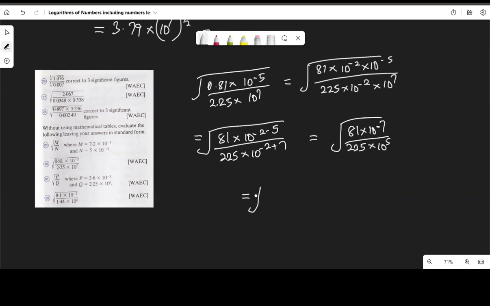And that will be square root of 81 times 10 to the power of minus 7.